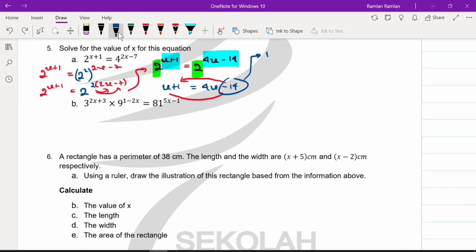And then this negative 14 becomes plus 14. And on the right side, 4x does not change, and then this x becomes minus x over here. Okay, 1 plus 14 is 15. 4x minus x is 3x. So we need to divide both sides by 3. That will be 15 divided by 3 equals to x, which means x equals to 5.